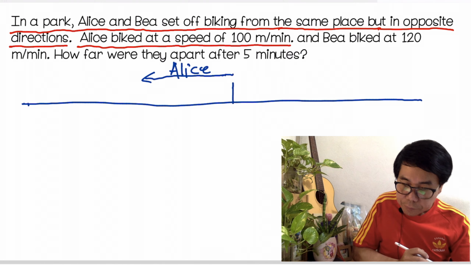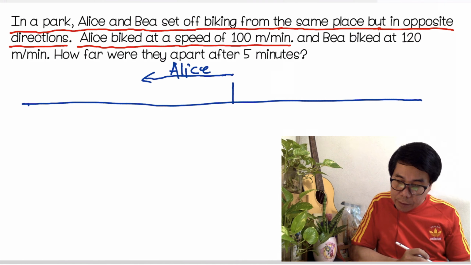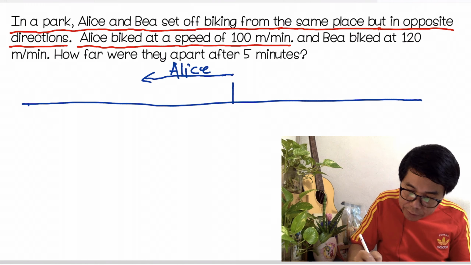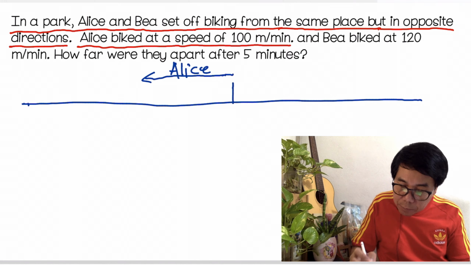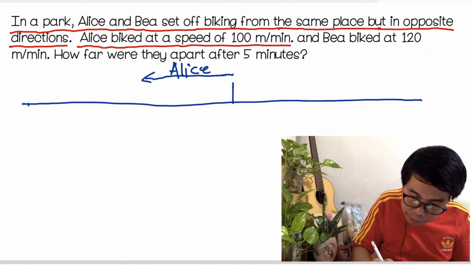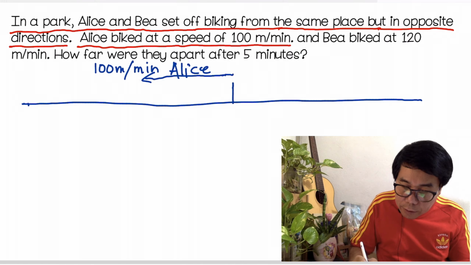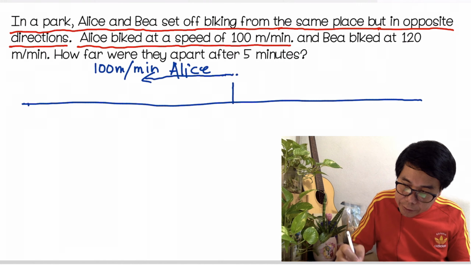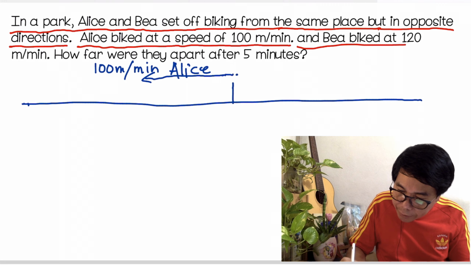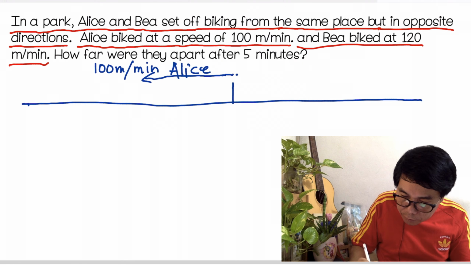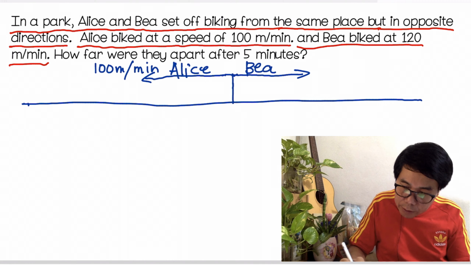And Bea biked at 120 meters per minute. So the speed of Alice is 100 meters per minute, and for Bea, this one is Bea, and this is 120 meters per minute.